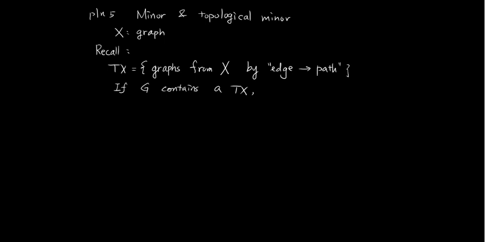Suppose this happens, then we say X is a topological minor of G.